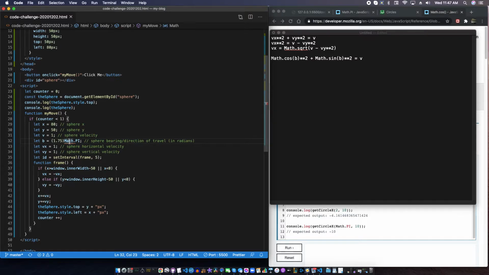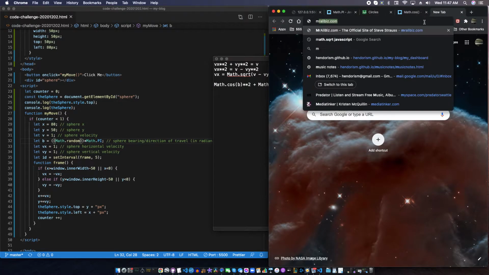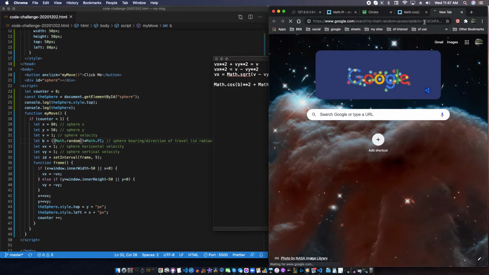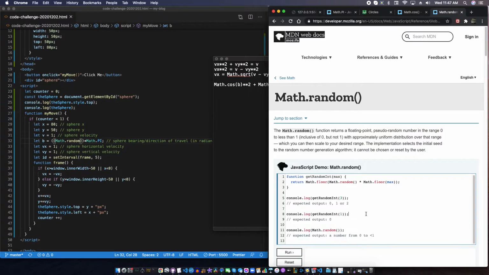B, and I want to randomly generate B. So I will, oh, I'm sorry, times math.pi, and I will put this in parentheses and go math.random. Oh, math.random.